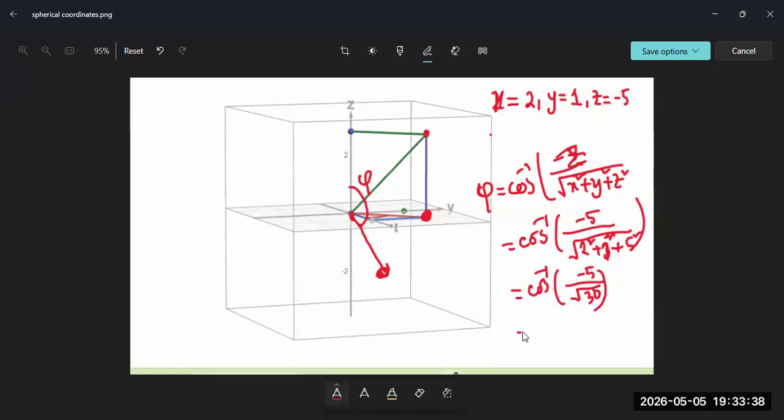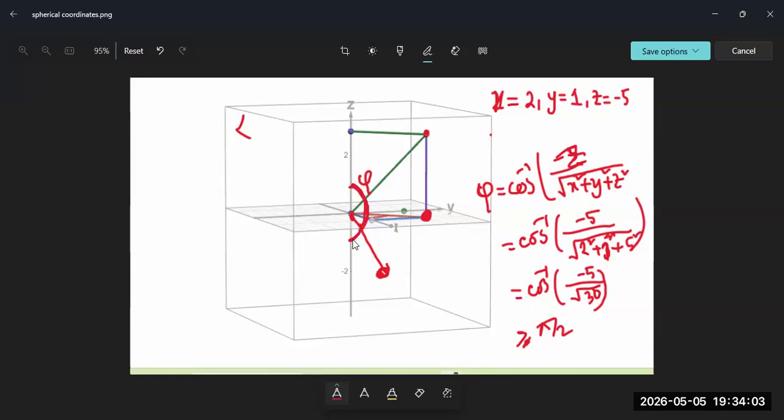So this value will be some quantity greater than 90 degrees. That means if the angle of phi is greater than 90 degrees, we are in the negative direction of z. And the maximum value of phi can be up to here.